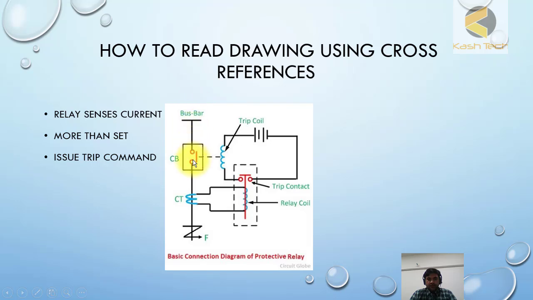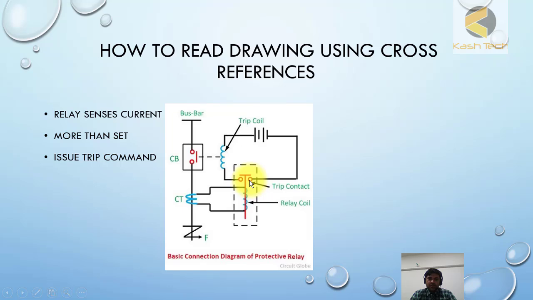Okay, so for example, there is a fault on the line. The current will be huge, in kiloamperes, and it will be sensed by the relay. The relay will check that the quantity is more than the preset value. Then the relay contact will operate. This is a common DC coming and just waiting here.